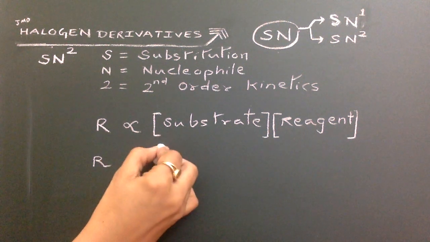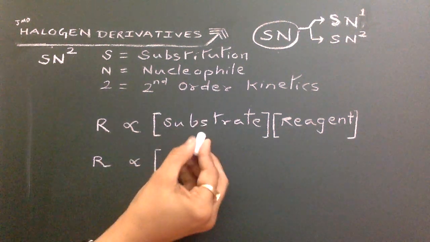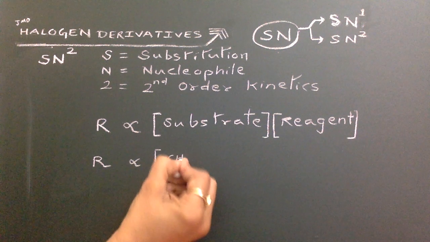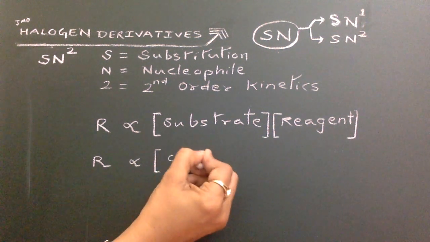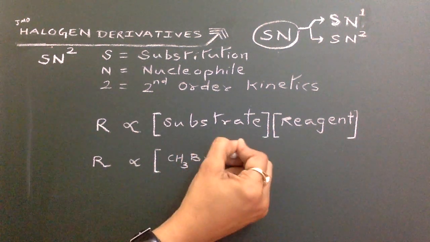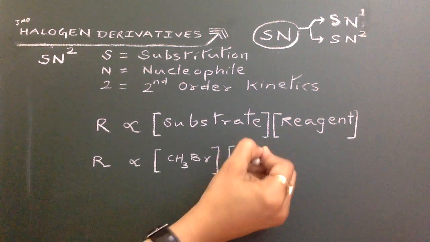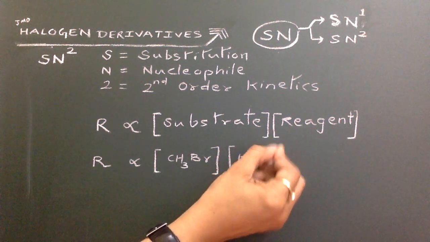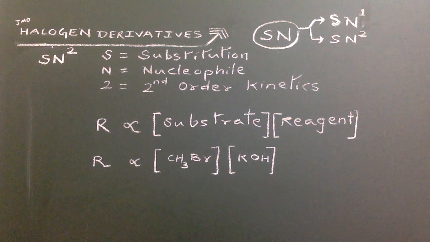As we know, in SN1 we took a tertiary substrate. Obviously here we'll be taking a primary substrate, say methyl bromide, and the reagent, which over here will be the same KOH. So this is how rate is represented for the SN2 reaction.